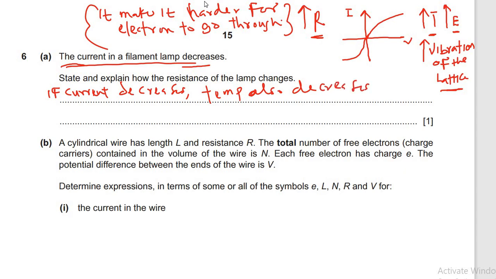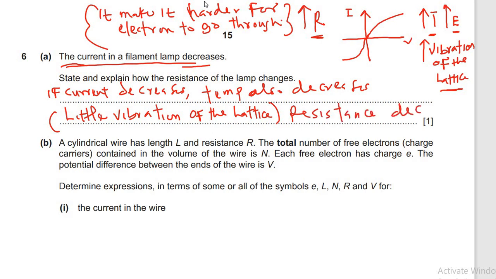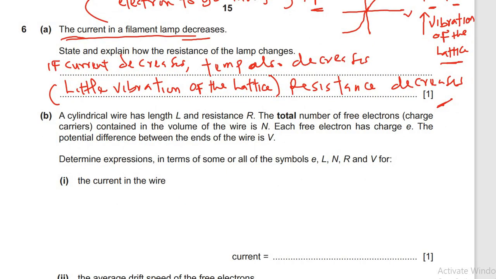And when temperature decreases, there is little vibration of the lattice. Once there is little vibration of the lattice, what does it mean? It means that electrons will flow through properly. Hence, resistance will now decrease because the electrons are flowing through properly. Resistance decreases in the filament. This is a key point of how a filament works. I think this small point should help you figure out what's going on.